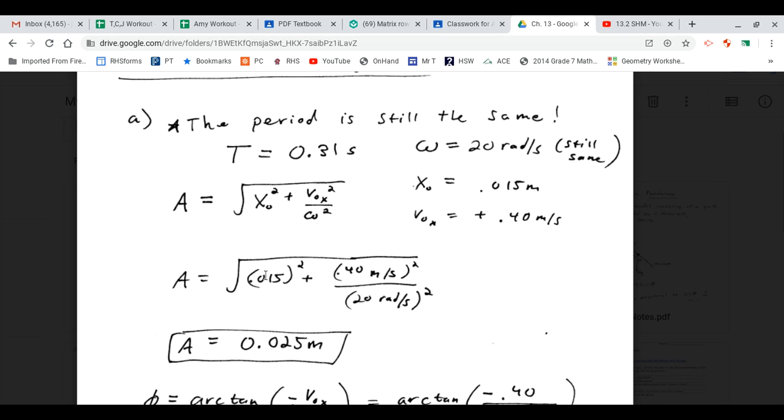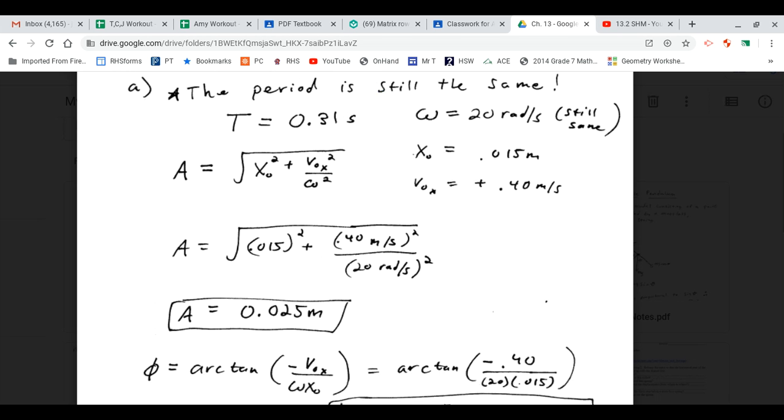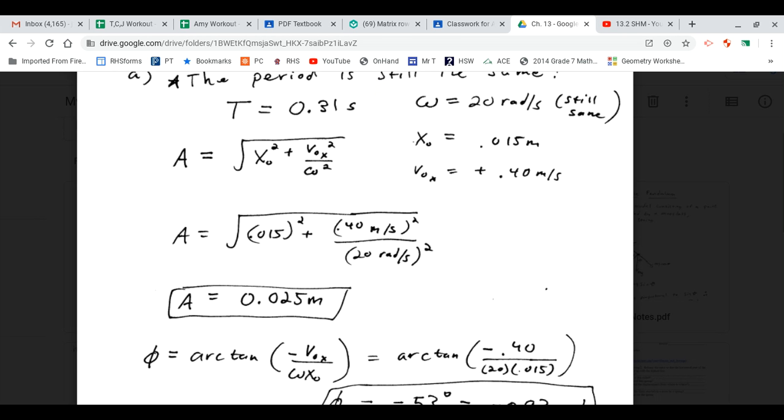The initial position 0.015, the initial velocity 0.4, and the omega 20 all go into the amplitude formula, and that would mean this has an amplitude of 0.025 meters. And technically that amplitude could be positive or negative due to the fact there's always a high position and low position of amplitude compared to equilibrium.